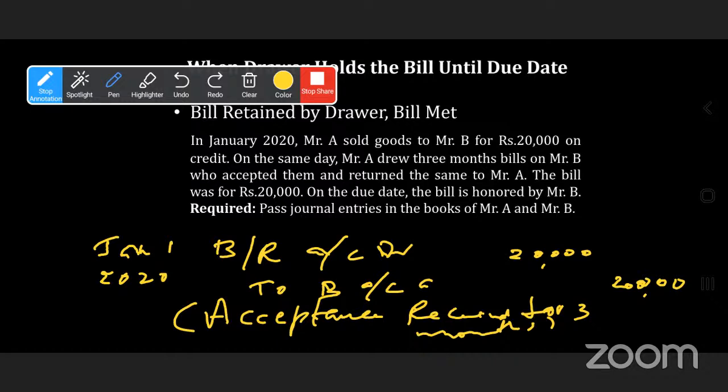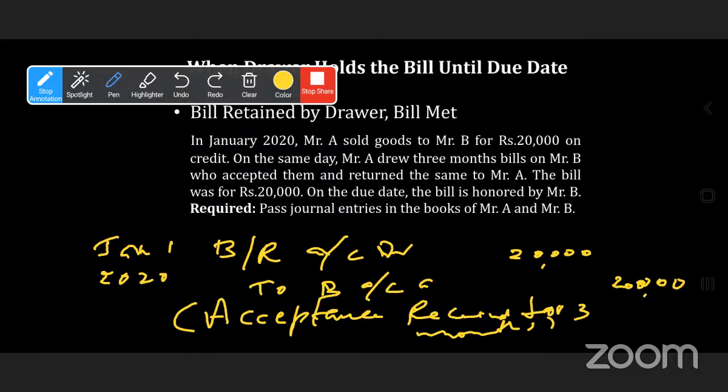Next one. The bill was for 20,000. On the due date, the bill is honored by Mr. B. Now you have to count the dates. From January 1st to February 1st, 1 month.